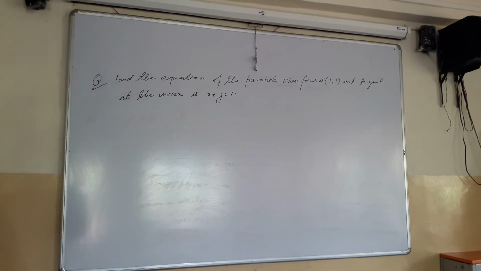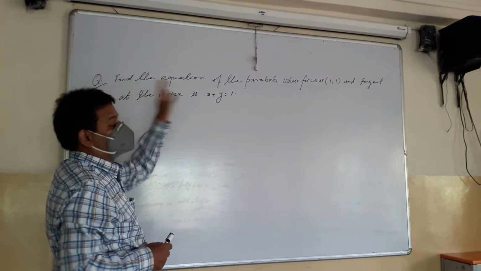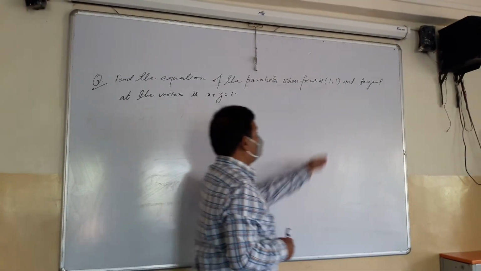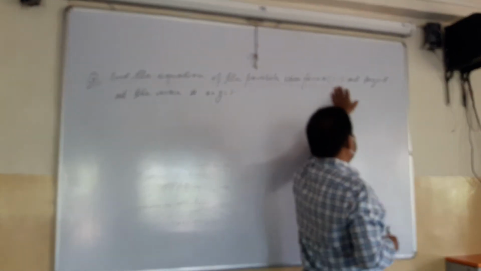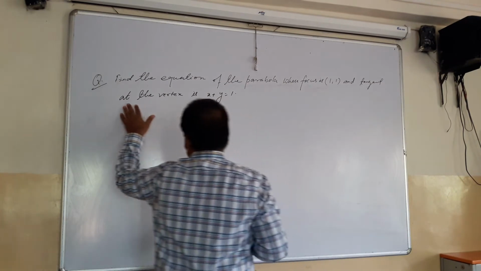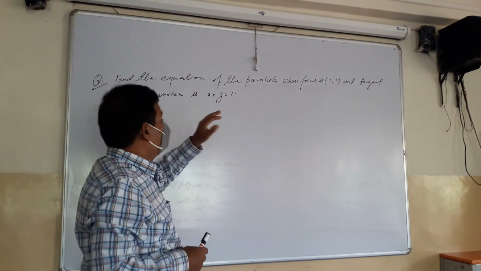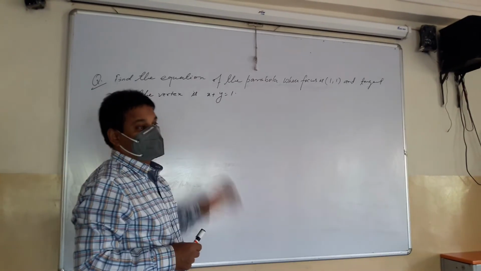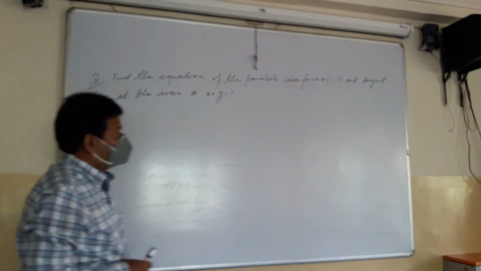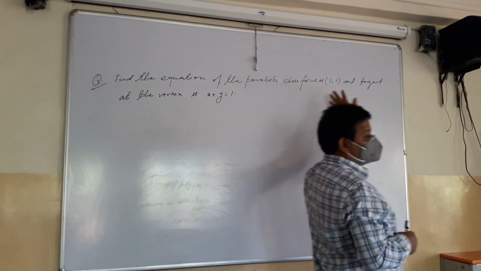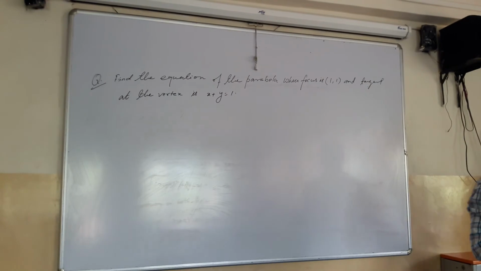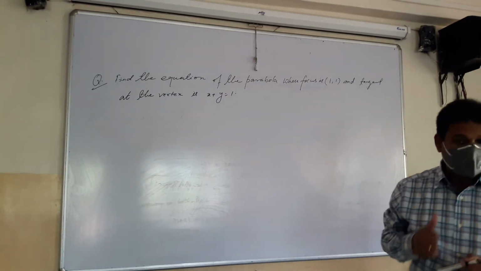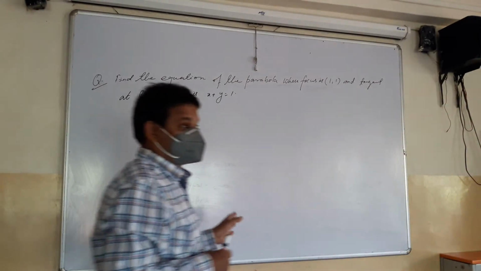So the question is: find the equation of the parabola whose focus is given as (1, 1) and the tangent at the vertex is x plus y equal to 1. The focus is given, and our purpose is to find the directrix.